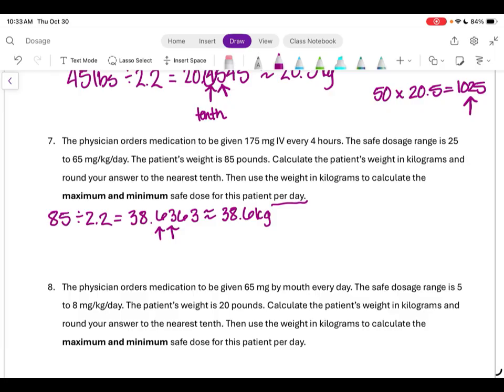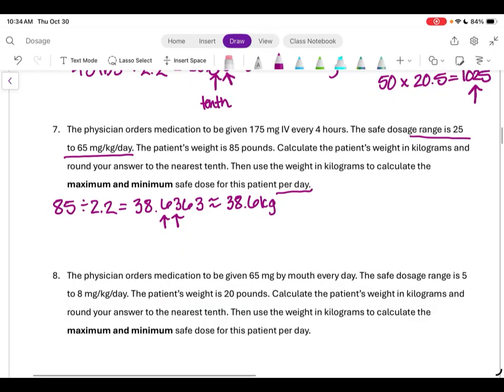So it's 38.6 kilograms. And now we just multiply by the dosage range that we were given. So 25 times 38.6 will be my minimum, and then 65 times 38.6 will be my maximum.